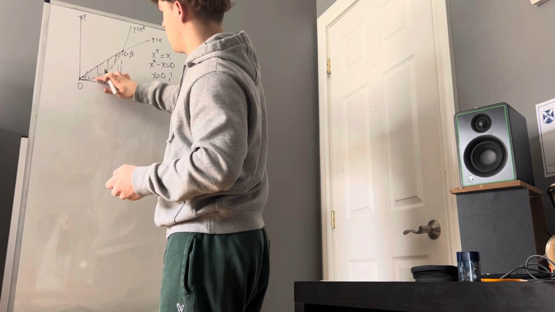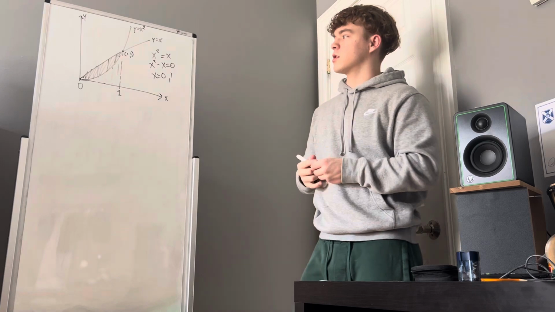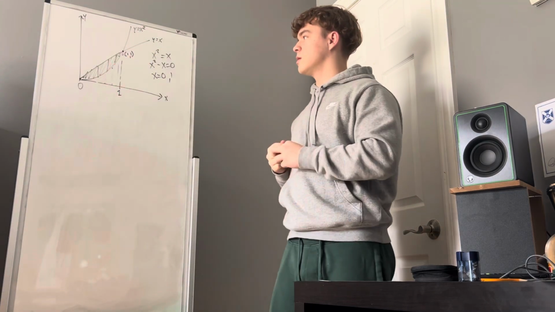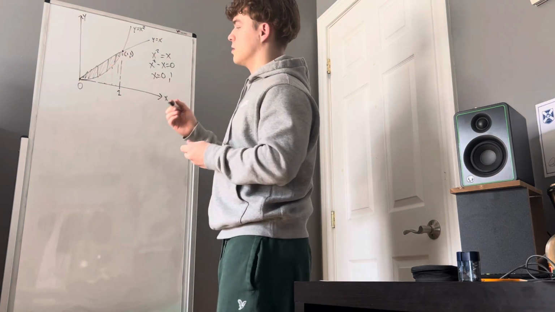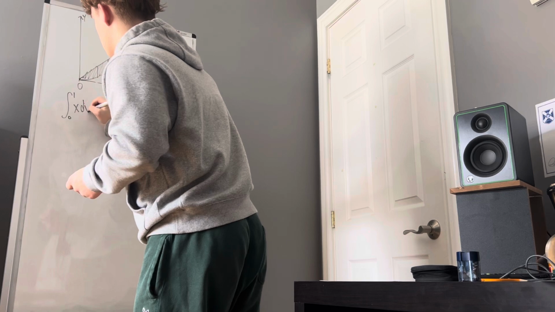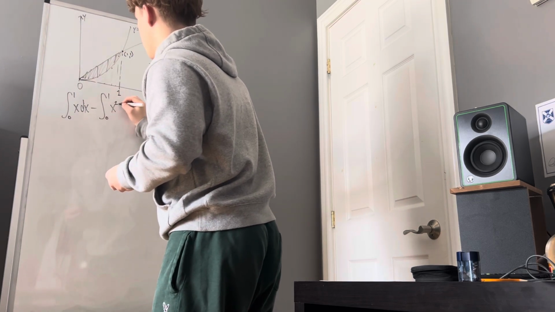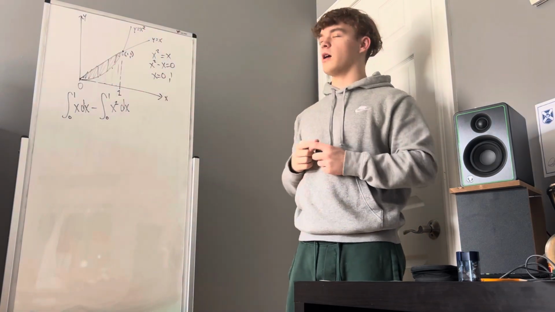So how can we find this little area here? Well, that's just going to be the big area minus the little area, because that will leave us with this. So that is the area under y equals x from 0 to 1 minus the area from 0 to 1 of x squared. And so that is our area there.